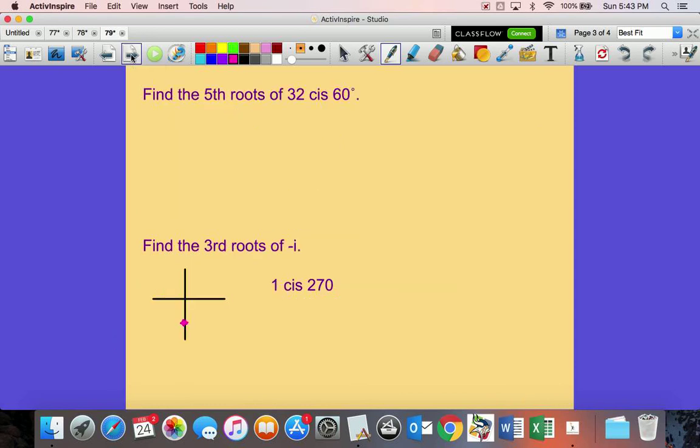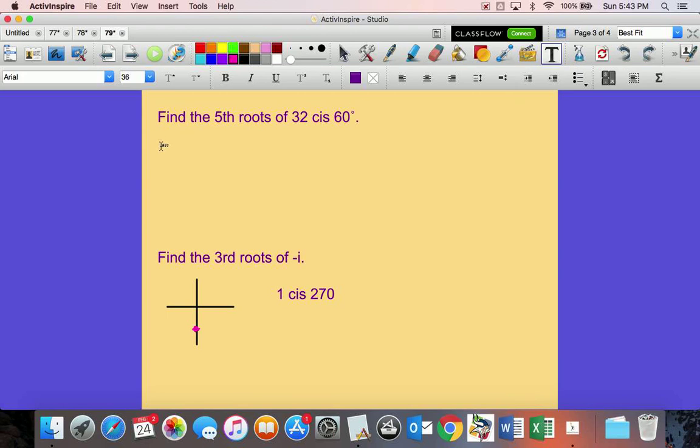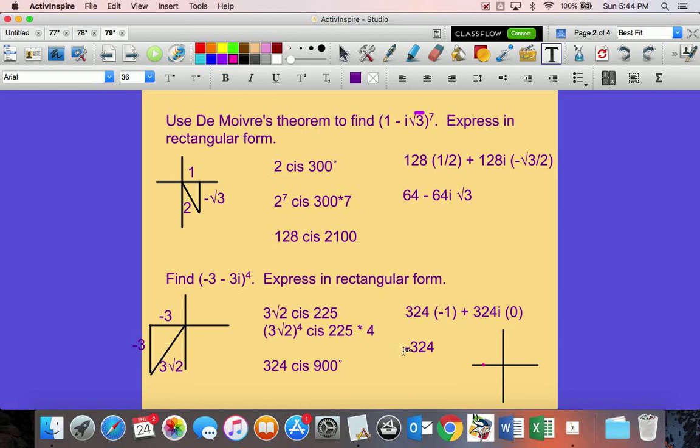All right, next page. Find the 5 roots of 32 cis of 60. Now, to be honest, you guys are going to like these. These end up being on the simpler side. First thing we have to do is find that hypotenuse, kind of like what we did back here for some of these. We found the hypotenuse right away.